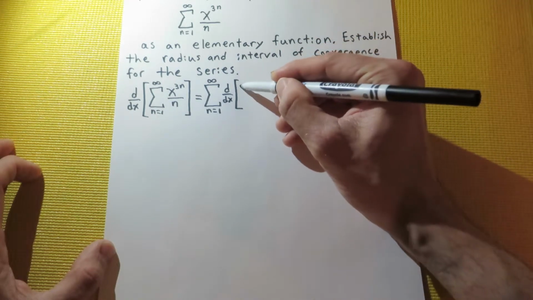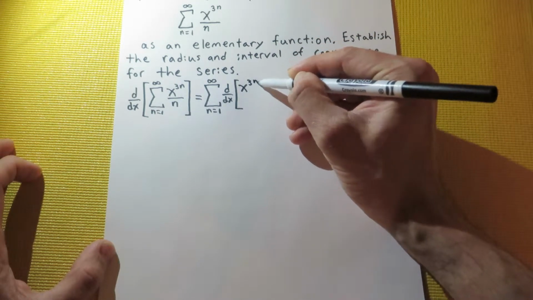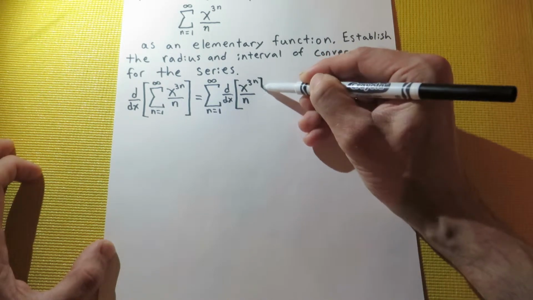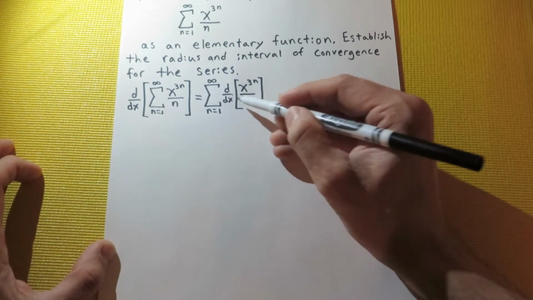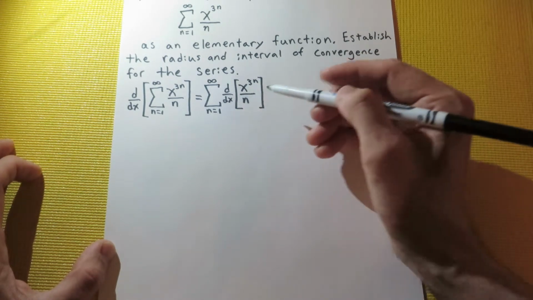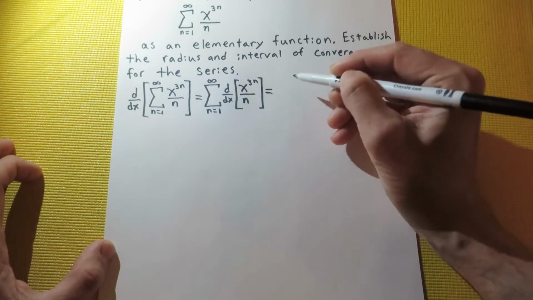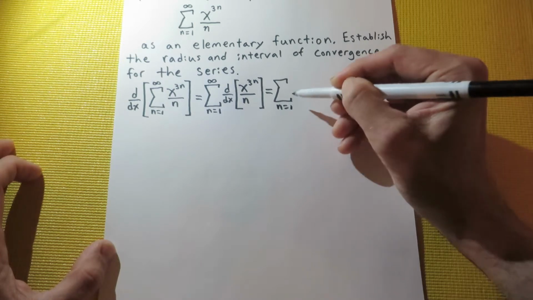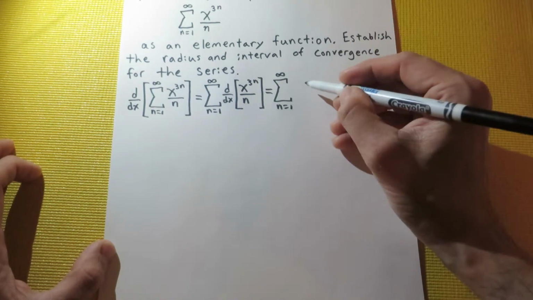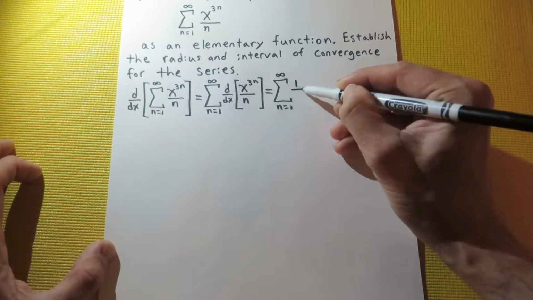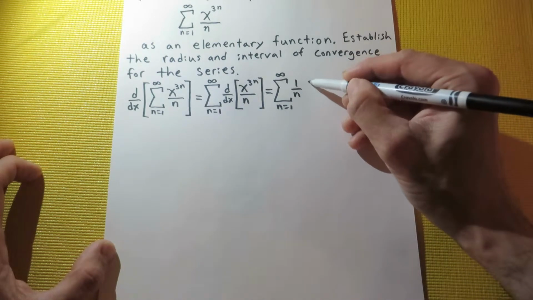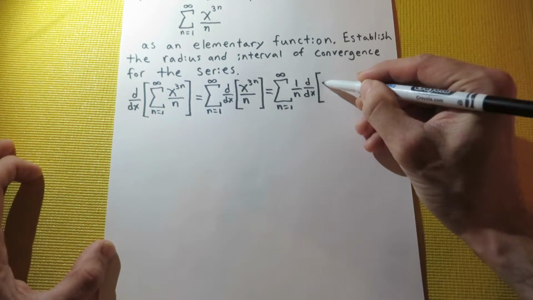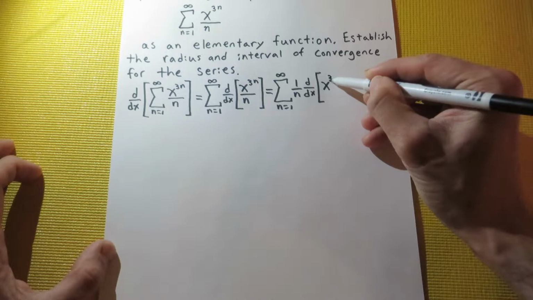And this n down here in the denominator, we're just going to treat that like a constant. So we can actually pull that outside of our derivative here. So I'm just going to pull the 1 over n outside of our derivative, and we have d dx of x to the 3nth power.